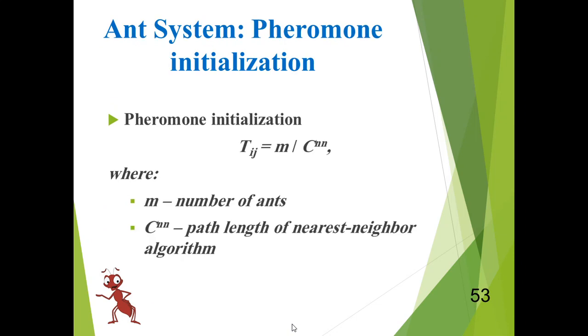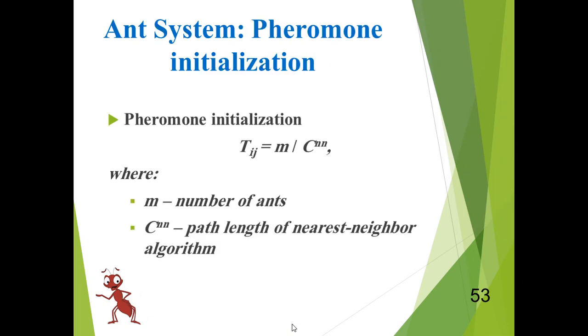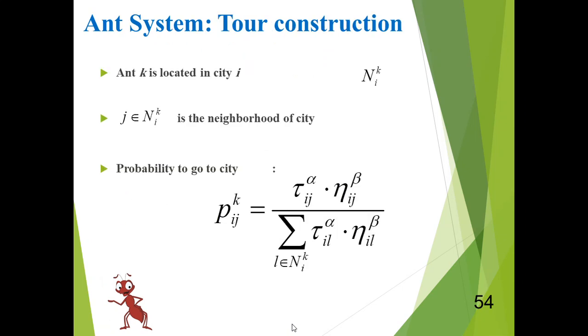This is the first one, Ant System. Pheromone initialization: Tij is equal to m over Cnn, where m is the number of ants and Cnn is the path length of the nearest neighbor algorithm. Tour construction by Ant System.